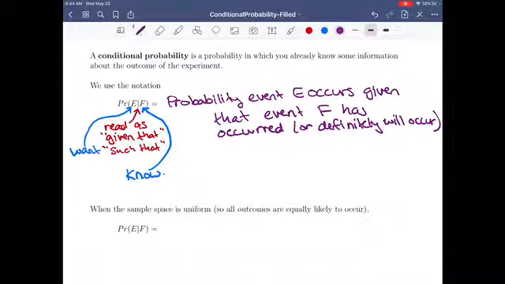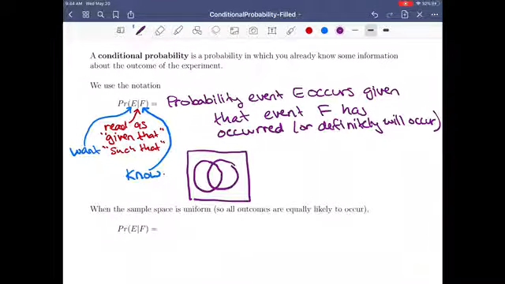I want to draw a little Venn diagram here. So we have our events. There's our sample space, and then we have events E and F. What this says is that we know event F is going to happen.